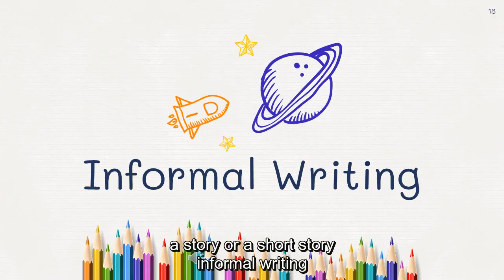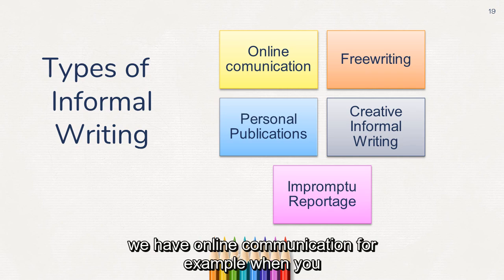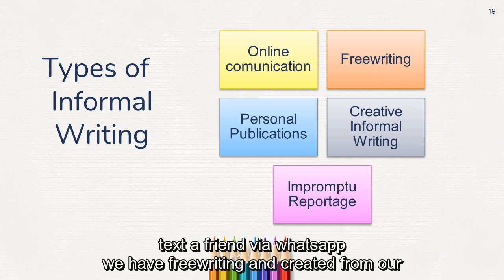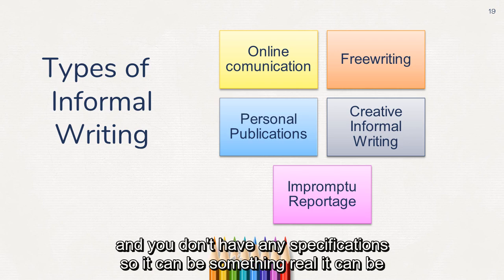Informal writing. We have also some types of informal writing. We have online communication, for example, when you text a friend via WhatsApp. We have free writing and creative informal writing, that is when you write about anything you want and you don't have any specifications.